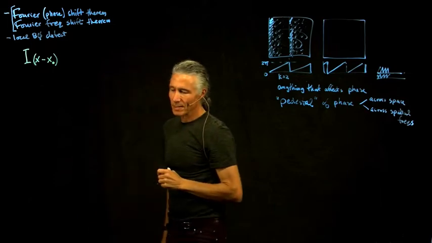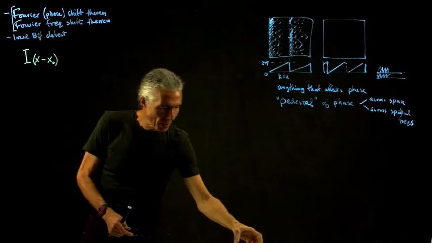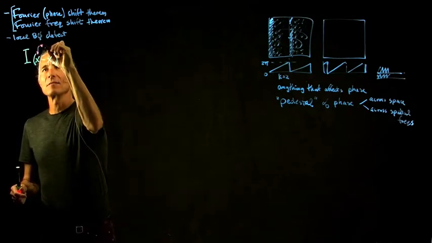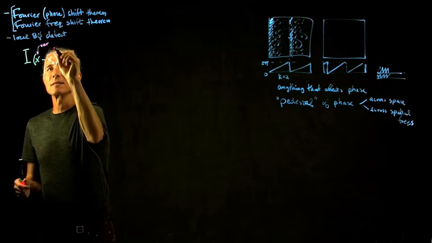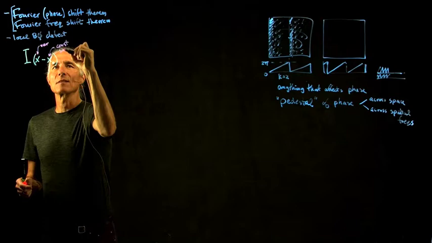X0 is a constant, while X is a variable, because for each point in the image, X0 is a constant shift.